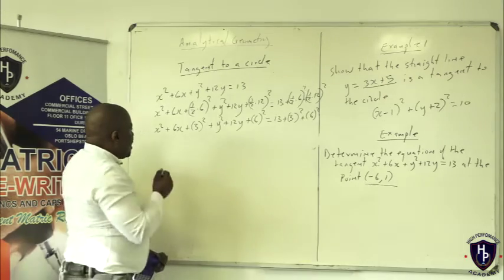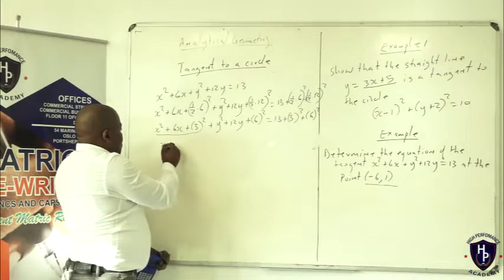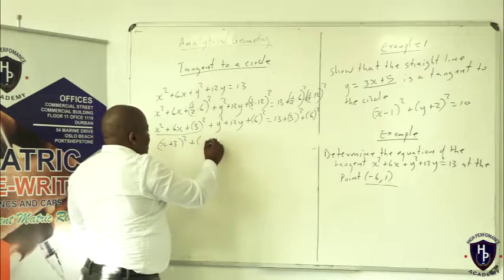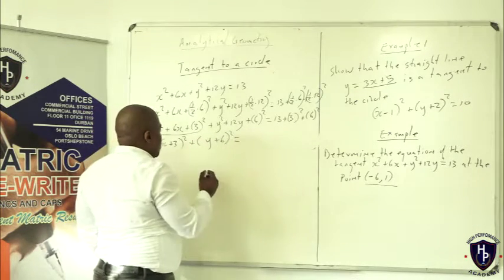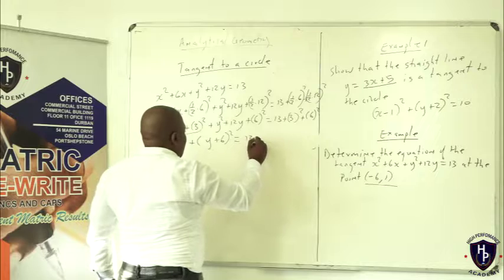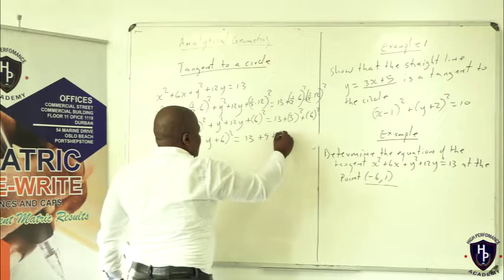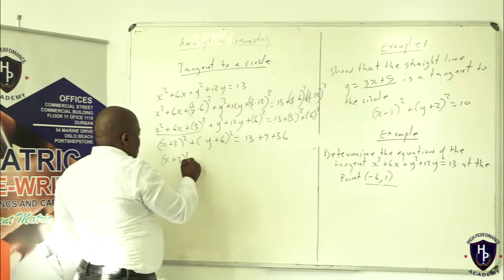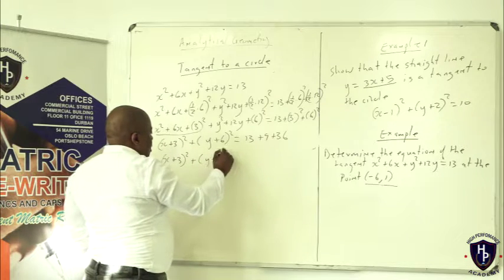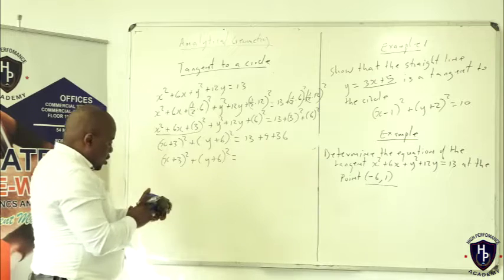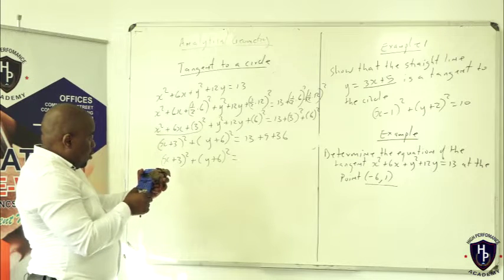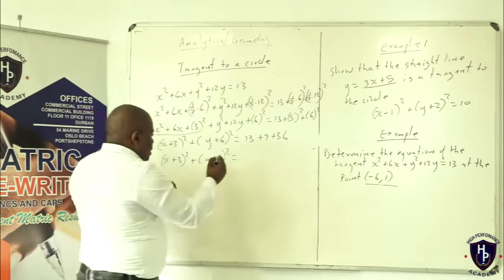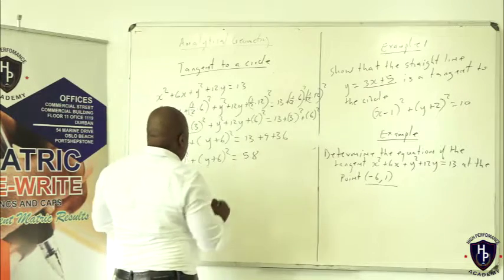Now let's factorize this. It's (x plus 3) all squared plus (y plus 6) all squared equal to 13 plus 9 plus 36, which is 58.